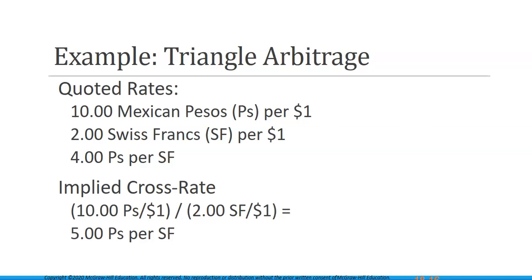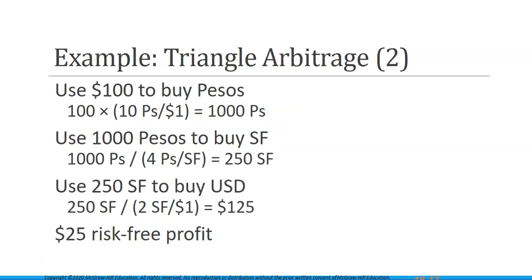So we have Mexican pesos, Swiss francs, and we look at the cross rate for pesos to Swiss francs. That's the quoted cross rate. However, the implied cross rate, if we get 10 Mexican pesos per $1 and 2 Swiss francs per $1, the implied cross rate is 5 and the posted cross rate is 4 pesos to Swiss francs.